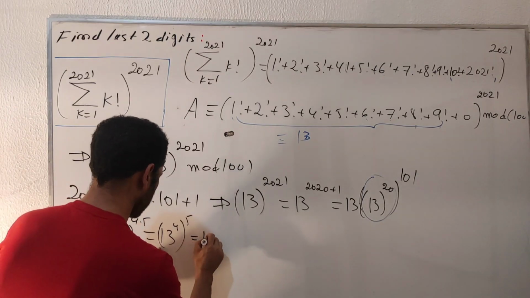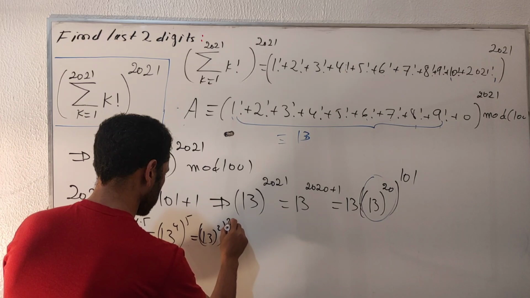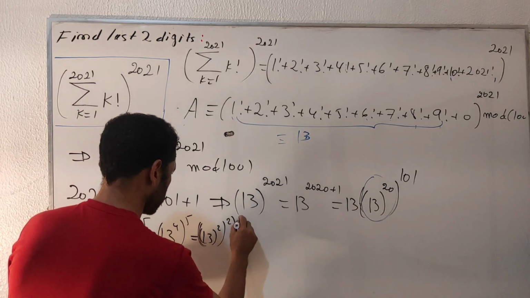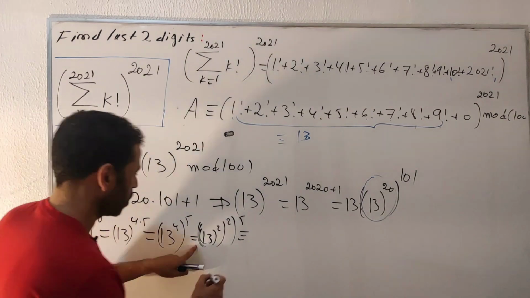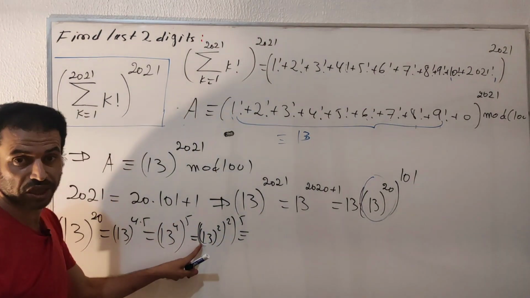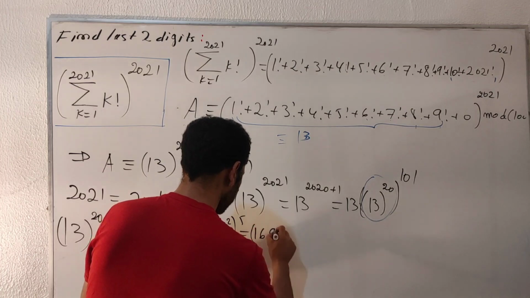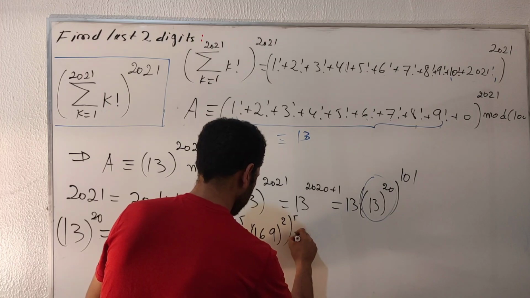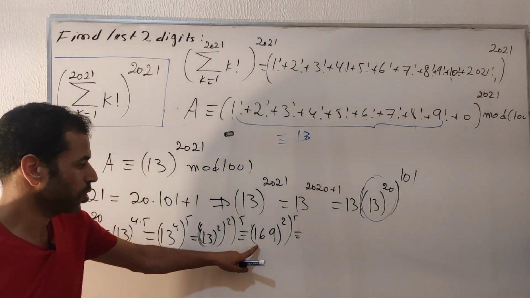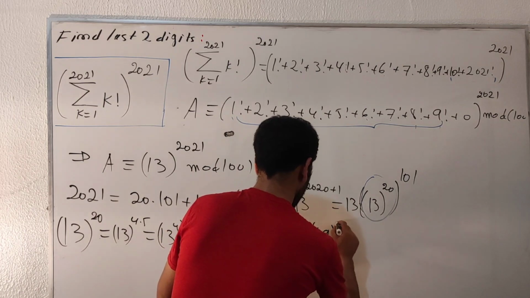Also this equals 13 squared, all squared, all raised to the 5. Let's reduce this to mod 100. I get 13 squared, which is 169, squared, all to the 5. 169, you get 100 plus 69, we get a remainder 69 here, squared, all to the 5.